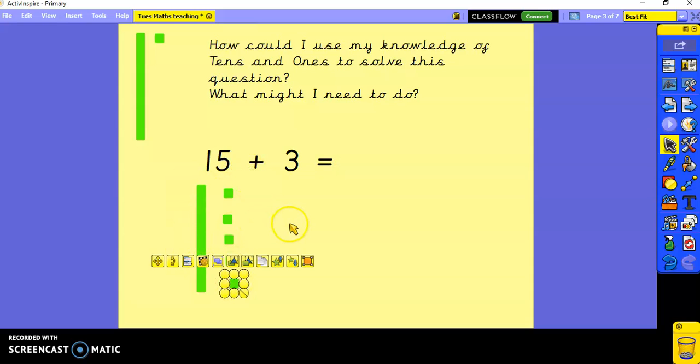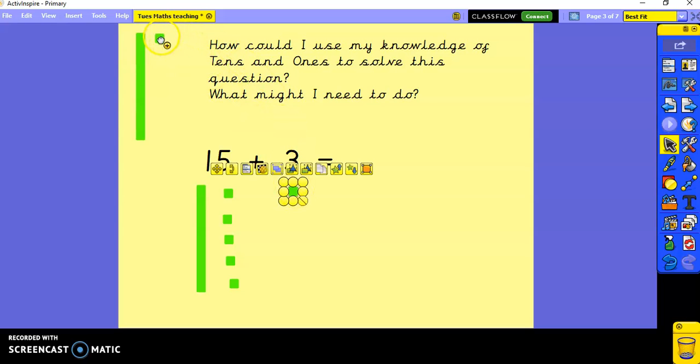So there's my 15, and I'm adding 3 more onto it. So 1, 2, 3. So remember, because we are adding, we are finding the total, how many there are all together.